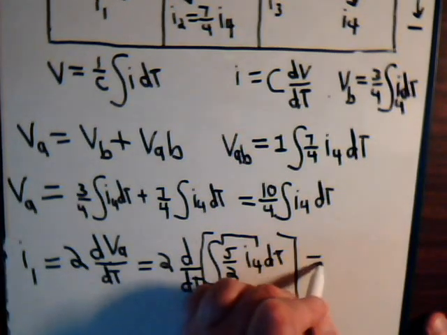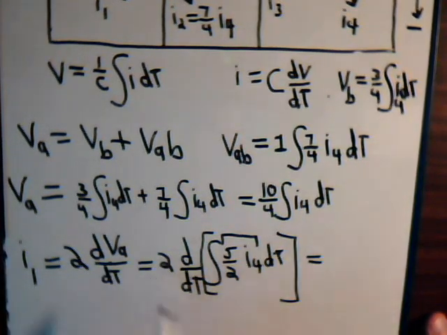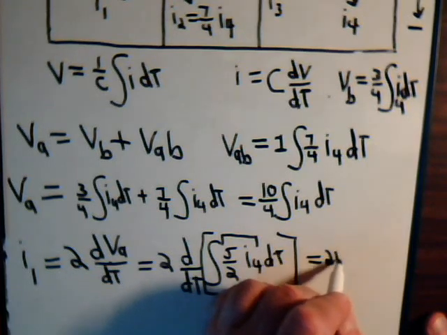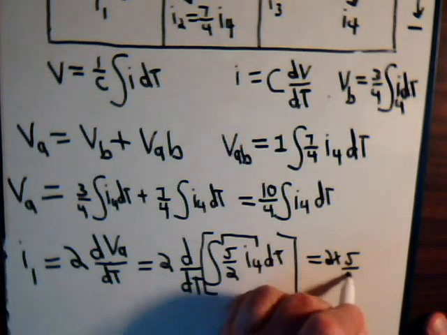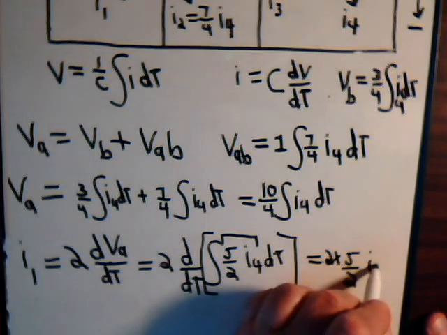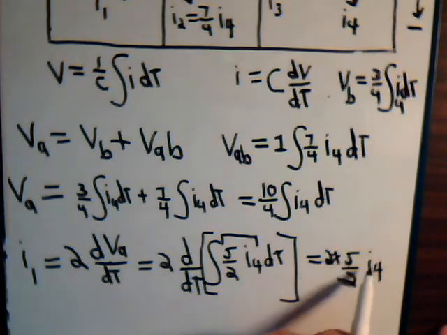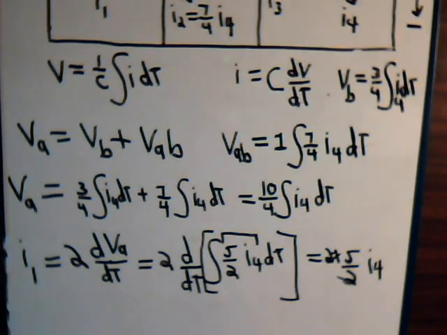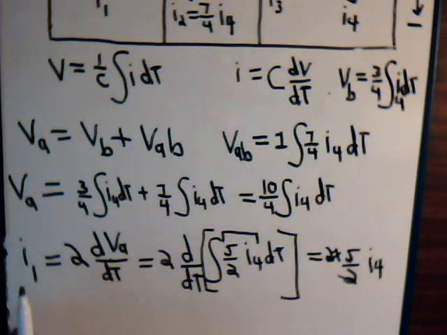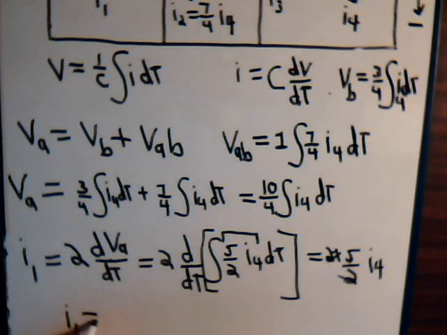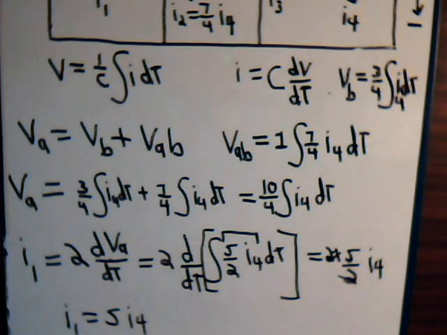So that just simply equals 2 times 5 over 2 times I4. And of course, that's just going to equal 5 times I4. So we have now a relationship between current I1 and I4. That's this. I1 equals 5 times I4.